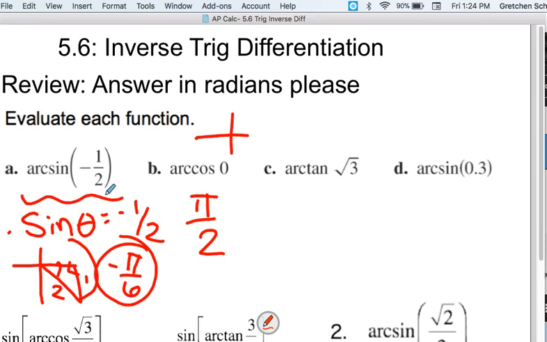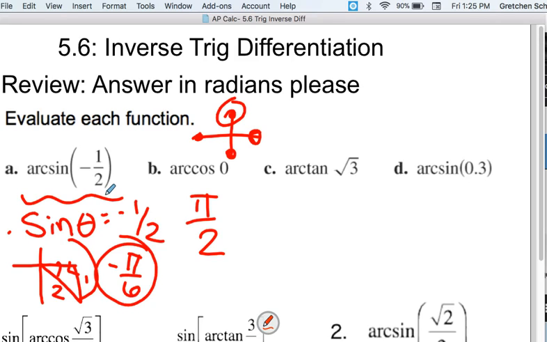So out of the corners, your quadrantals, which of those has an x value of 0? The top and bottom, that's π/2, 90 degrees. π/2 is your answer because cosine is going to look for the answers in the first and second quadrant.